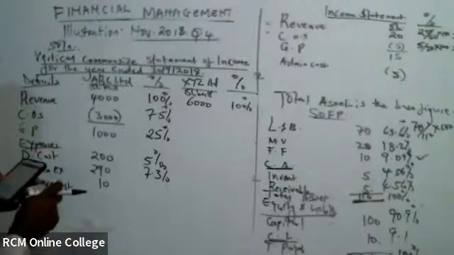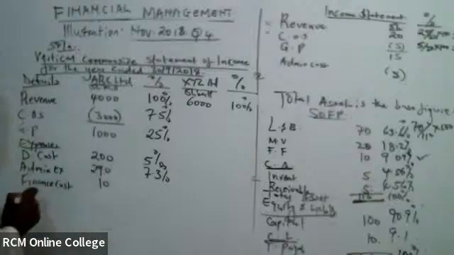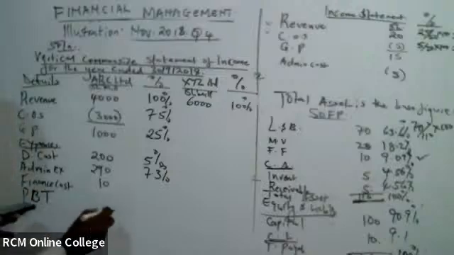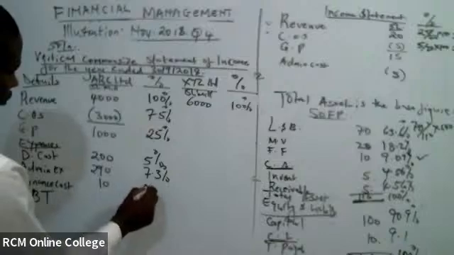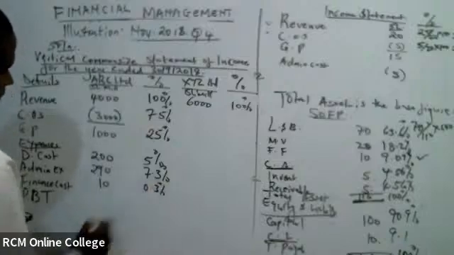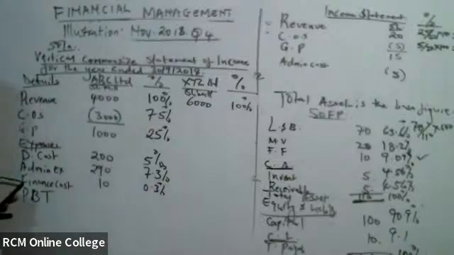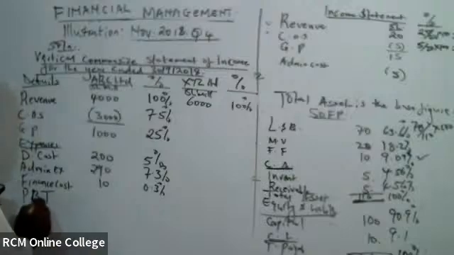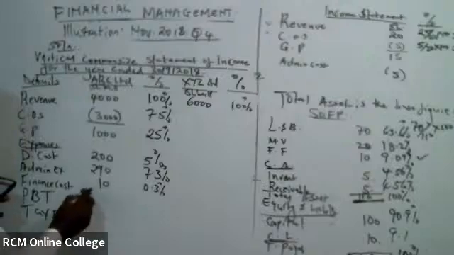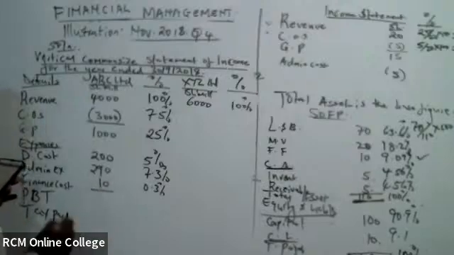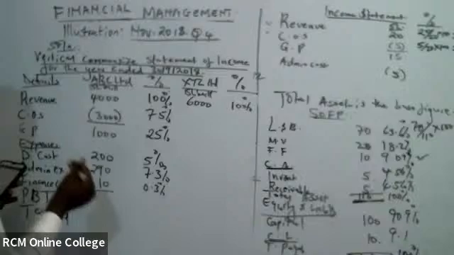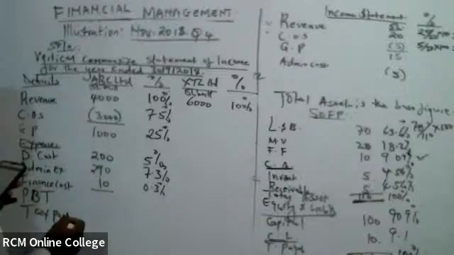The next one is profit before tax. It will be small, 0.3%. Then we have the tax paid here. So this one we also need to have as a percentage.